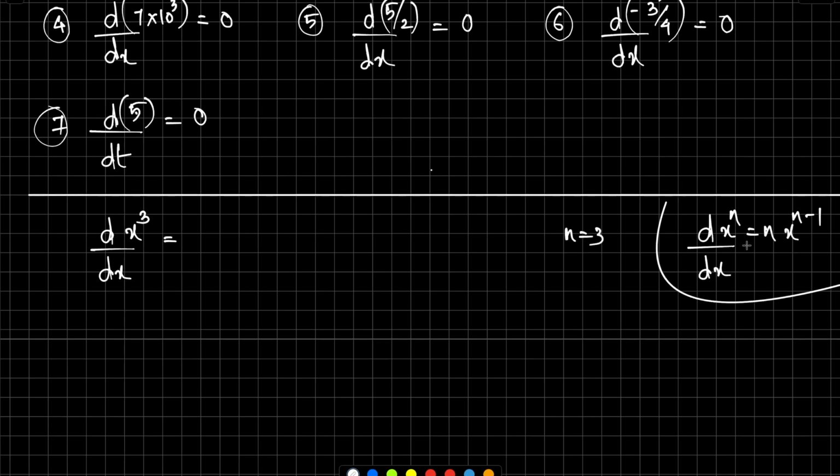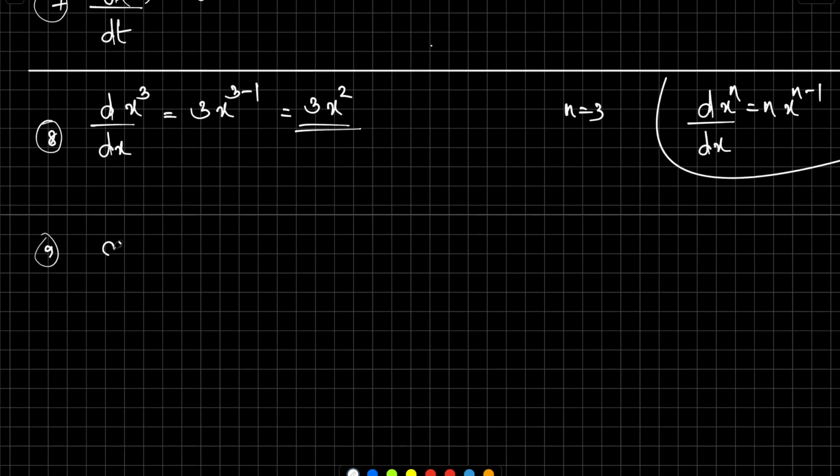So let's write in this same form 3x to the power of 3 minus 1, which is 3x square. d by dx of x to the power of 7, n equals 7. So writing in the same form 7x raised to 7 minus 1, 7x raised to 6.